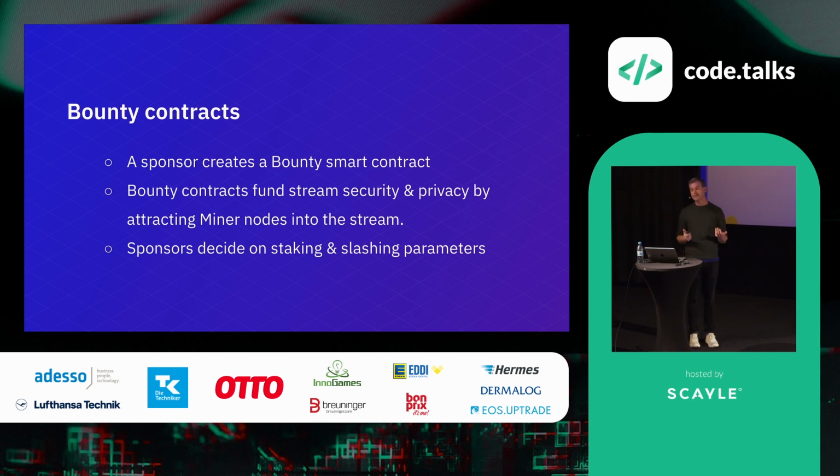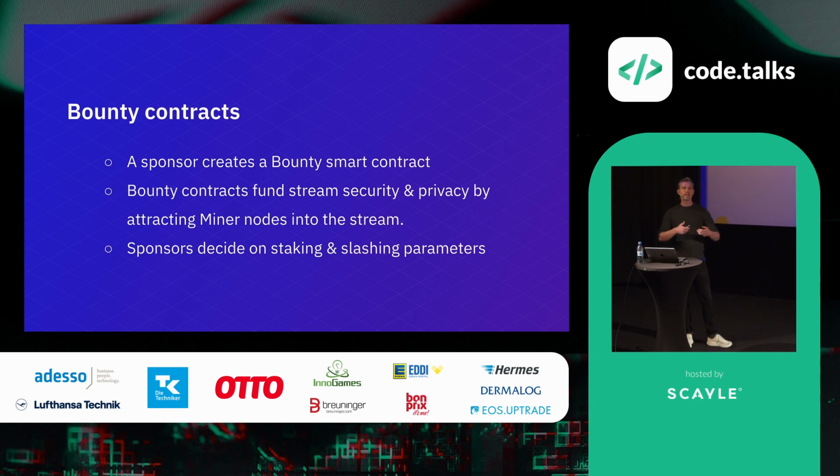It's what we call bounty contracts, and this is the incentive layer of the Streamr network. A sponsor comes in and creates this bounty smart contract on Ethereum or Polygon or some sort of blockchain, doesn't really matter. And they fund the bounty contract with some data tokens, and this acts as like the security budget for the stream.